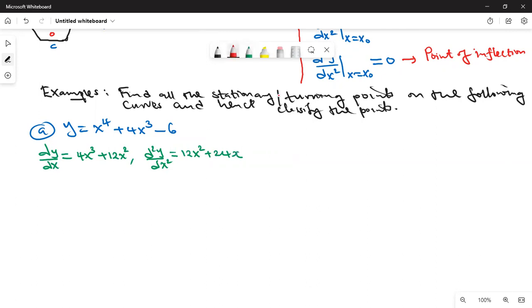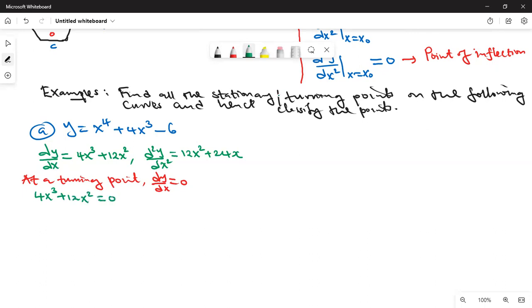So at any turning point, dy/dx must be equal to 0. That means 4x cubed plus 12x squared must be equal to 0.